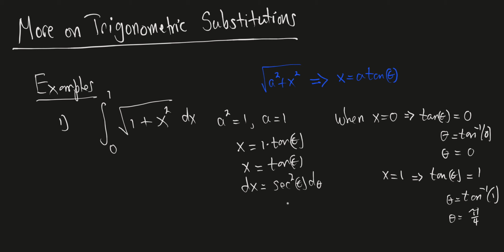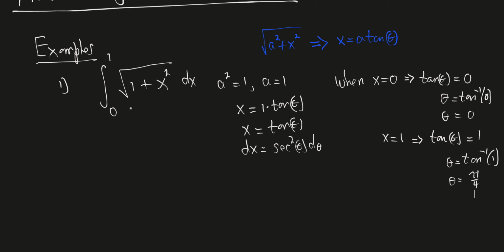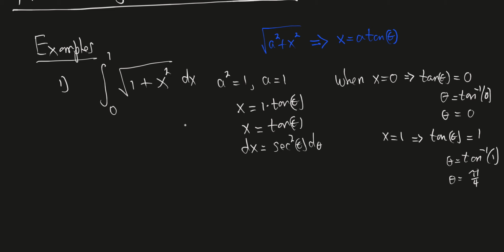All right, so we have our differential there, we have our limits there, so the last thing we need to convert over is our integrand, so the square root of 1 plus x squared. Well, it's a simple thing. We're just going to replace x squared with tangent squared, right?